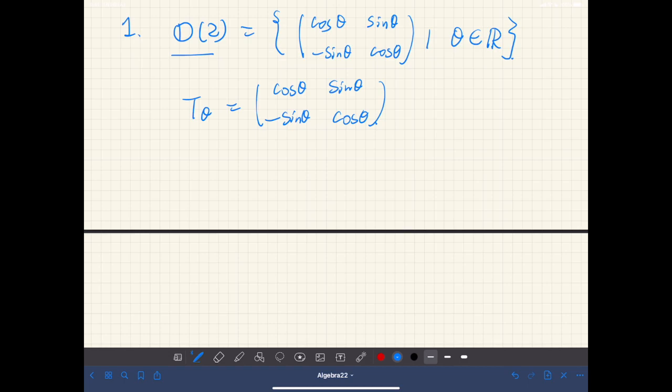Let's see this. So let's see T theta times T phi. First, we want to see that this set is closed under matrix multiplication.